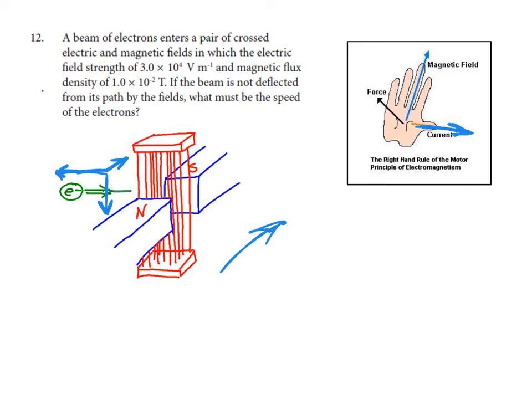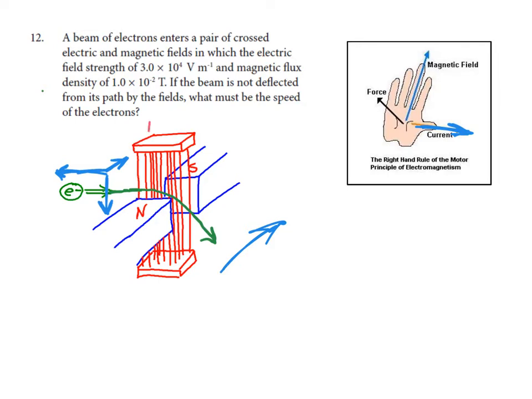So the path of the particle would come into the field, and the magnetic field would make it want to curve downward like that. Now, the electric field, which is the red lines, is going to counter that. In order for the path to be straight, we're going to have the field point in a direction that makes the electron want to go up.